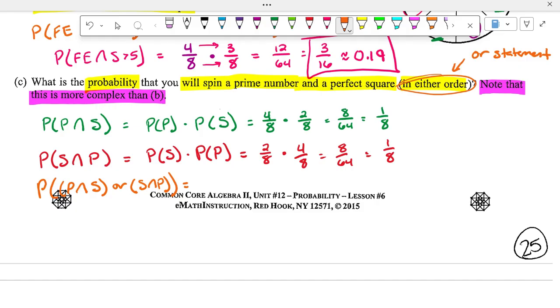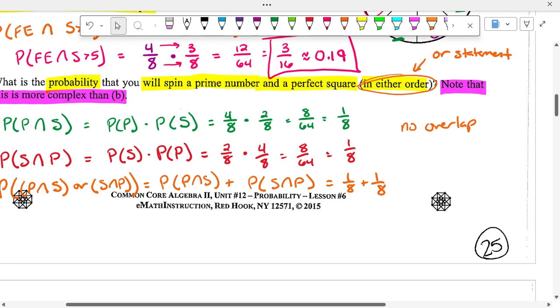So there's no overlap. That means we can just add the two. So we can do P of P and S plus P of S and P. So that'll be 1/8 plus 1/8.